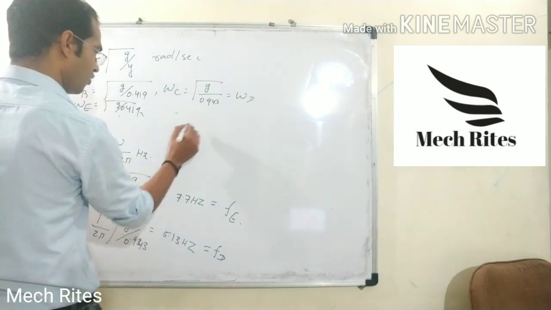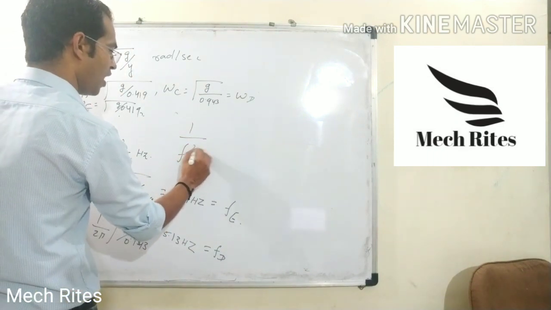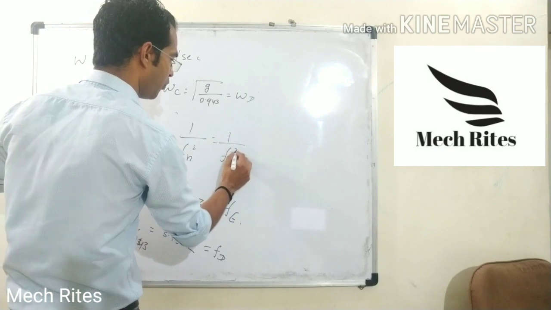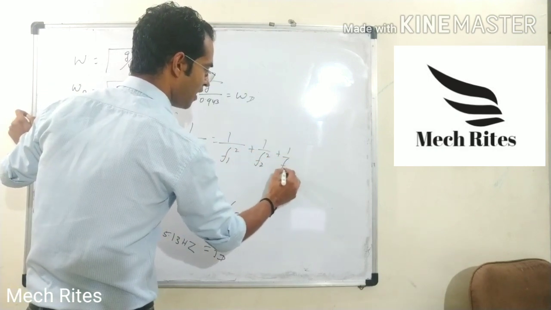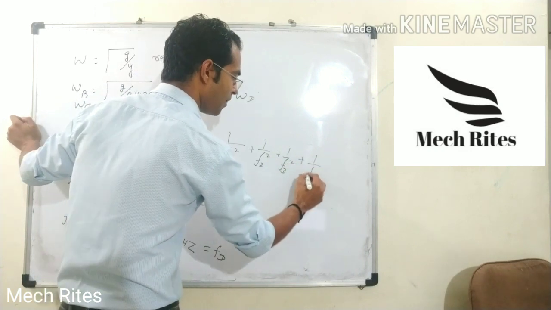So we know that 1 upon Fn square equal to 1 upon F1 square plus 1 upon F2 square plus 1 upon F3 square plus 1 upon F4 square.